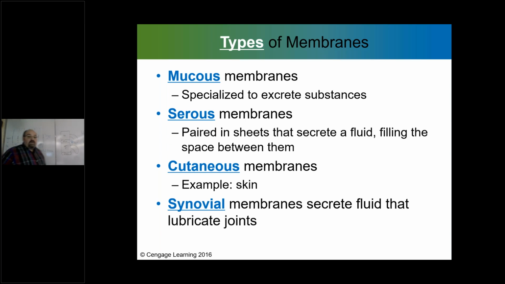So these are different types of membranes that are present: mucus, serous, cutaneous, synovial. We'll start with synovial first, the joints of your body. So look in the back here, folks. Let's look at the knee.